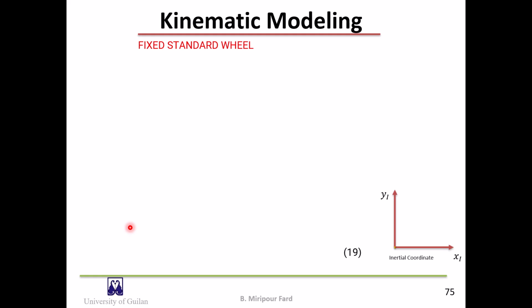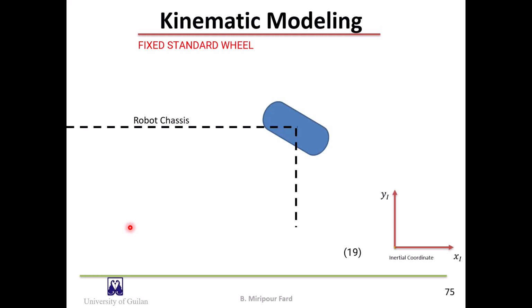Suppose these dashed lines represent the chassis and the wheel is placed in the position shown. The coordinate system connected to the robot is indicated by XR and YR. The inertial coordinate is also located somewhere in the plane.